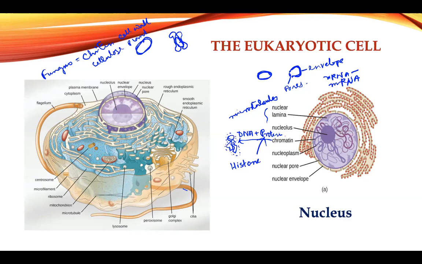This nucleolus is responsible for rRNA synthesis. This part is very important, because that rRNA or ribosomal RNA is going to be synthesized inside this area.